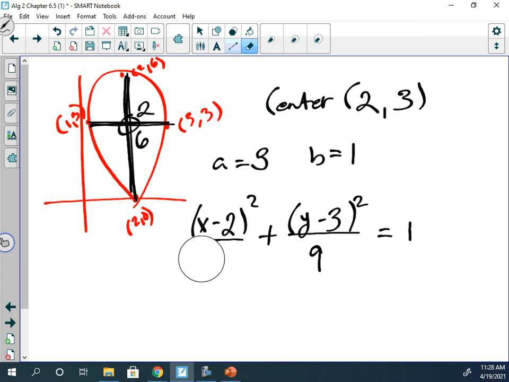Or if we really wanted to, we could just write it as x minus 2 squared plus y minus 3 squared over 9 equals 1. And that's all we'd have to do for this here. Questions on these here? All right, so we'll stop here for today.